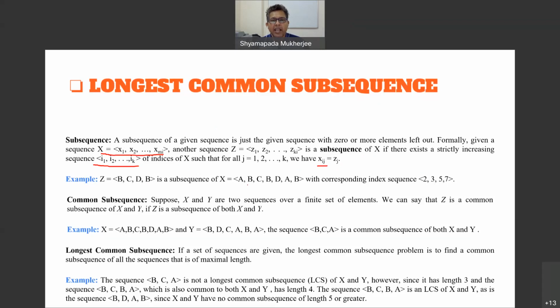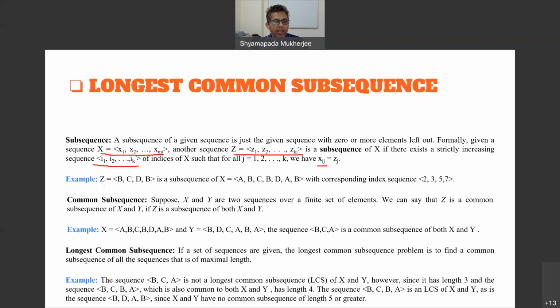That means there is an increasing sequence of indices of the elements of X, and there must be a corresponding element in X that matches each element in Z. So all the elements of Z are present in X in increasing order.